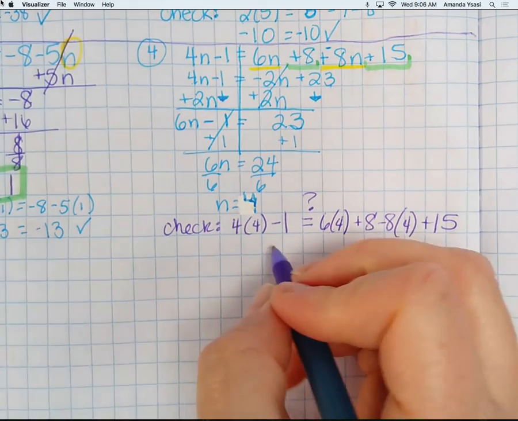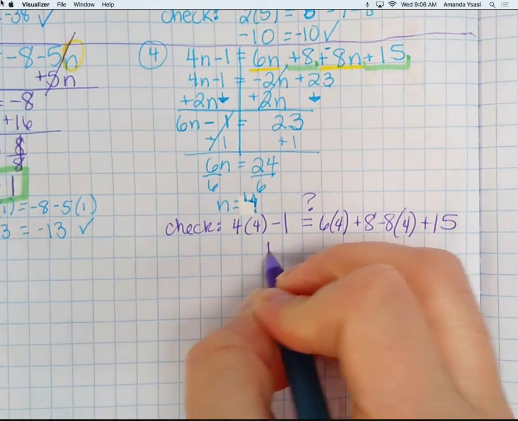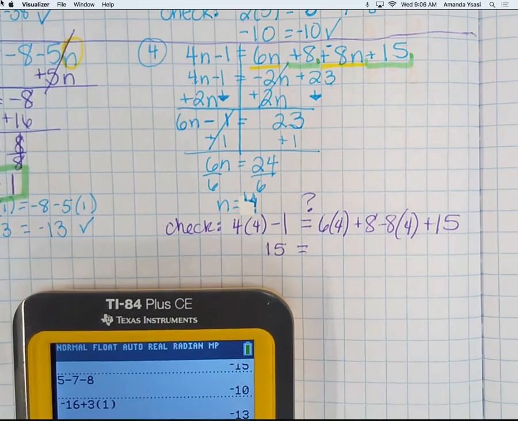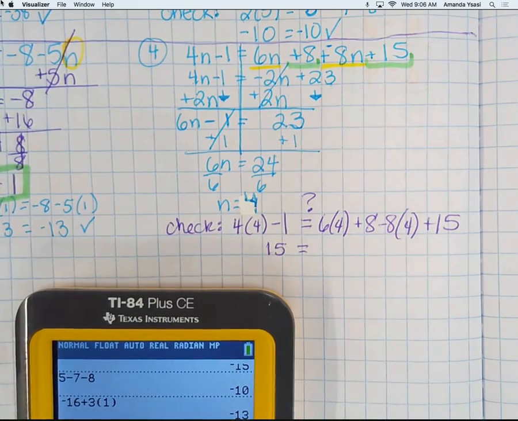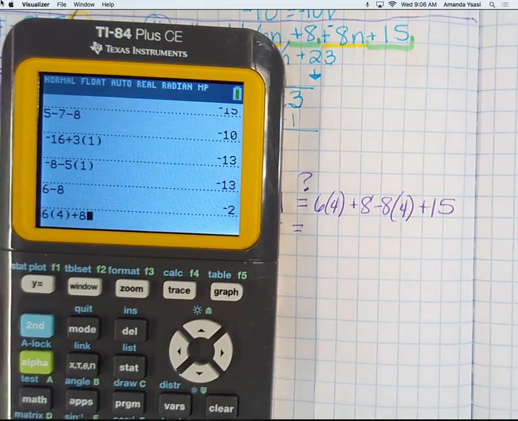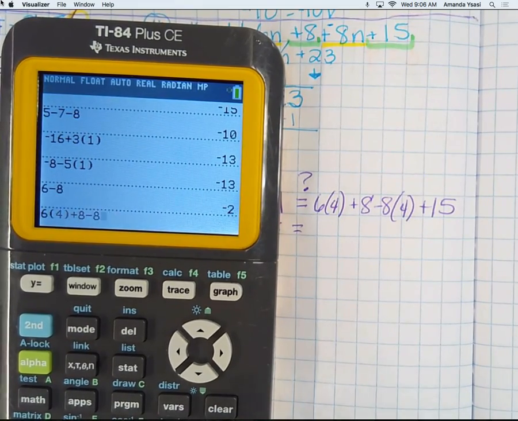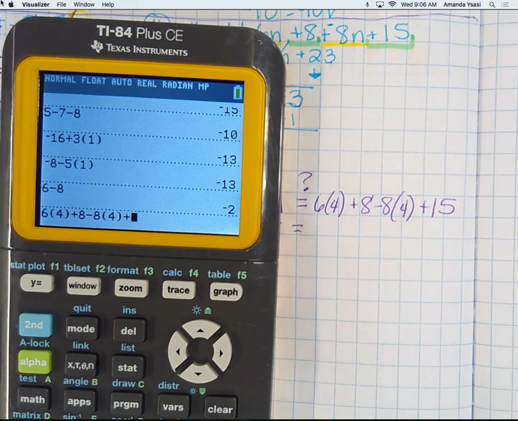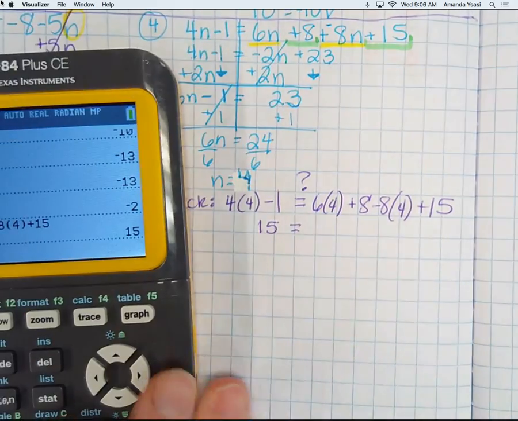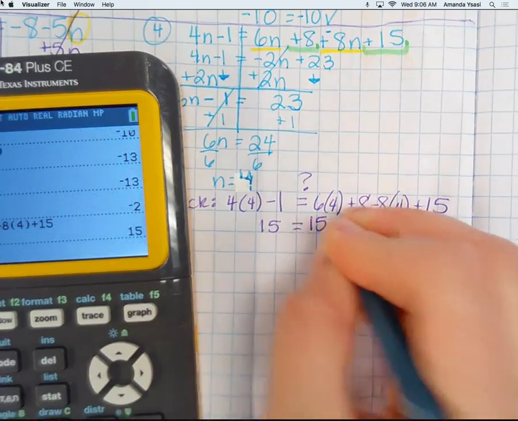Okay, so 4 times 4 minus 1 is 15 equals, because that's 16 minus 1, 6 times 4 plus 8 minus 8 times 4 plus 15. It equals 15, so that means we did it right.